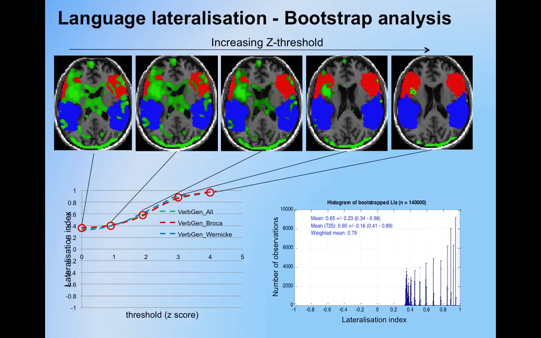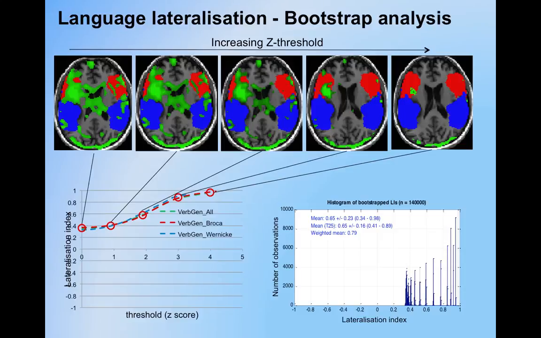Done a bit more work, and this is back to the same slide as I had before, where I was saying that effectively our lateralization index is calculated through counting the number of voxels in each region. So there's an extra statistical type of analysis you can do, which is called a bootstrap analysis.